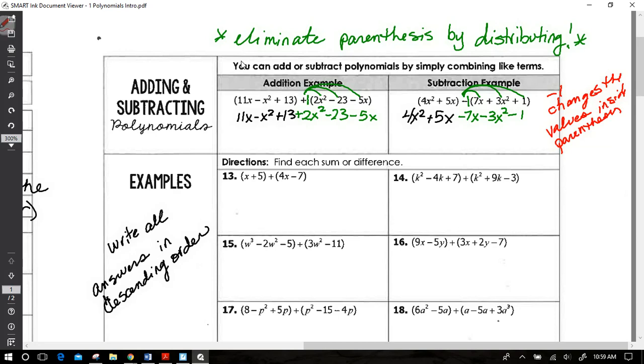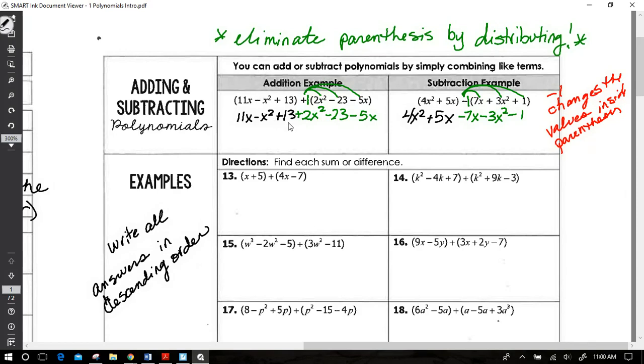Okay? All right. So, even though that happens, just know that step number 1 is exactly the same for adding and subtracting. Nothing is different. Okay? So that is going to be our step number 1. And I'm going to make a little note of our steps out to the side.